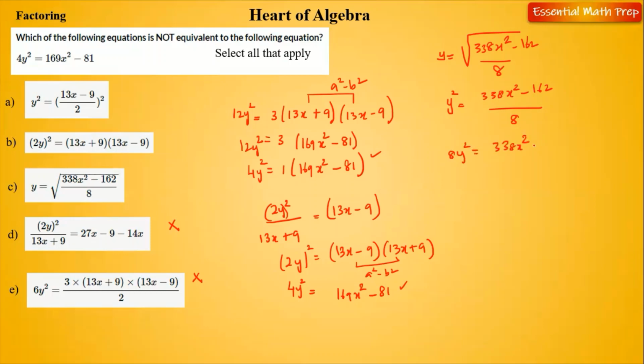If you multiply both sides by 8, then we end up with this. Then if we divide both sides by 2, then we end up with 4y squared equals 169x squared minus 81. So that also returns the original expression. That's incorrect. I think you know B is correct because that looks just like the converted form of B. So that also checks out. So only A can be the correct answer.